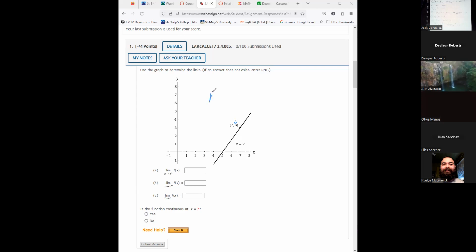So f of c, this is f right here. If you plug in c, which is 7, the output is 3, right?